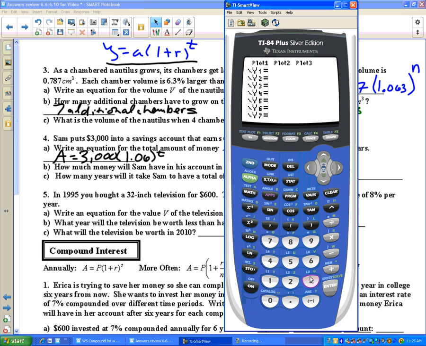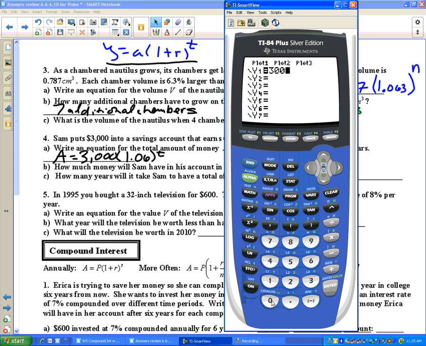Which is 3,000 times 1.06 to the x power. And now I want this to be in 12 years.